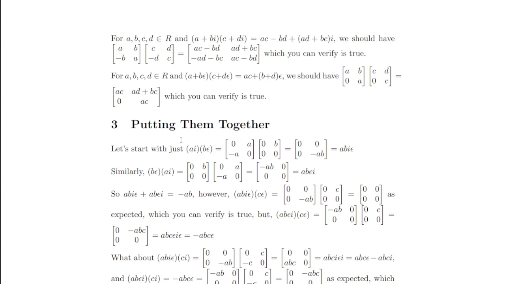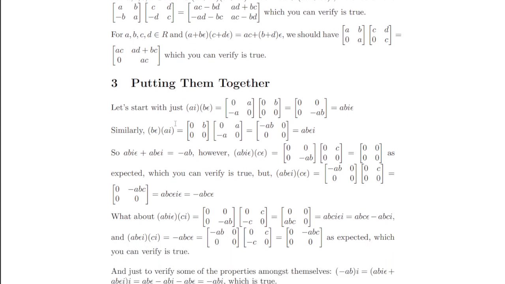Okay. So putting them together, let's start with just ai times b epsilon. So let's multiply these two different matrices together. We get 0, 0, 0, -ab, which we know is ab i epsilon because the real numbers commute, but the i's and the epsilons don't necessarily commute.